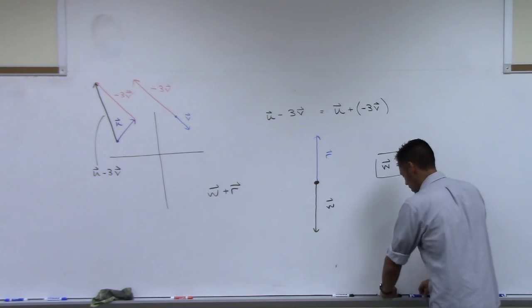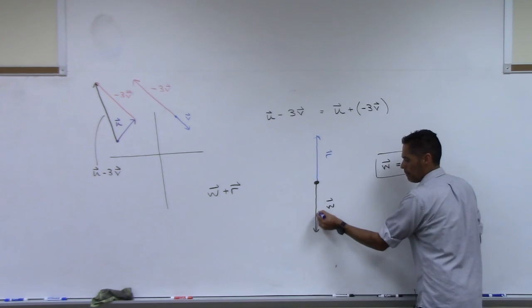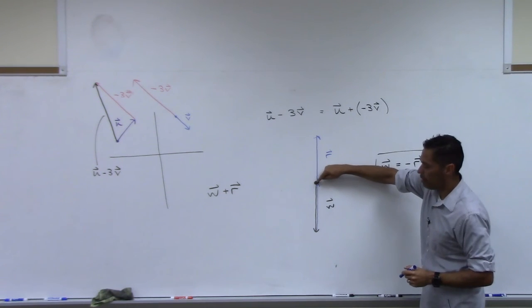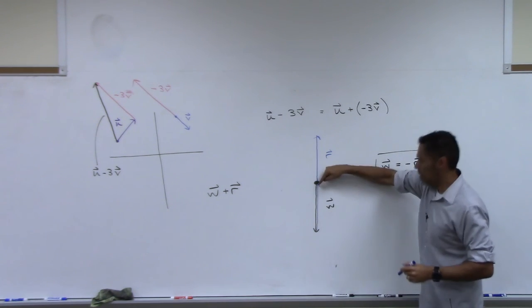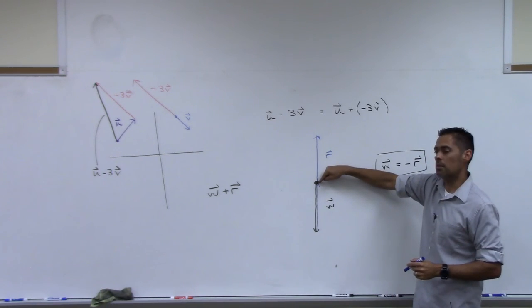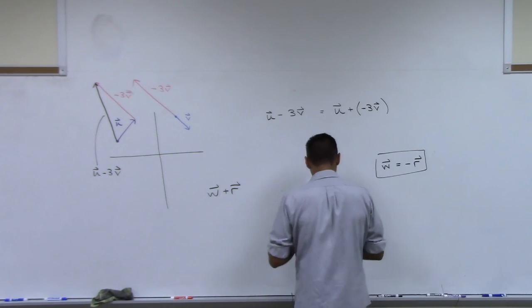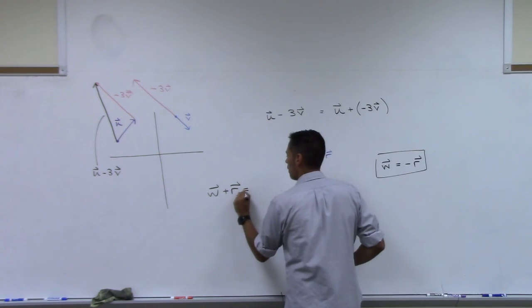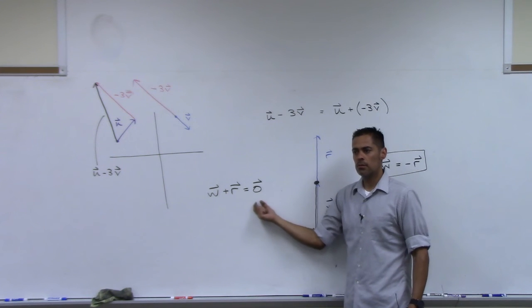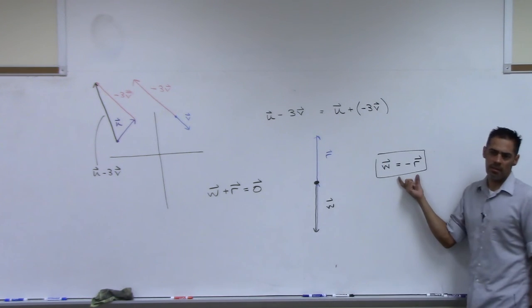It'd be here, right? Be like this. And then your result would be starting here and ending here, which would be the 0 vector. Do you agree? That's the 0 vector. And if you move the R over, you get this again, right?